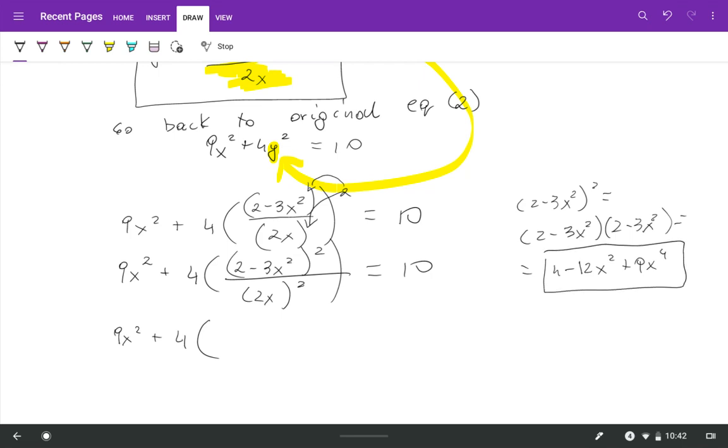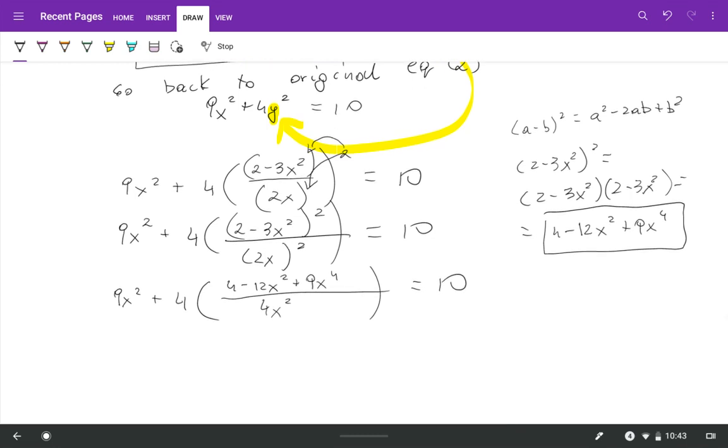Okay, or you can use the formula a minus b to a second power, which is a squared minus 2ab plus b squared. I like to use this one. You have the square of a difference. So from the numerator, I end up with 4 minus 12x squared plus 9x to the power of 4. On the bottom, we have 4x squared, and that's equal 10.